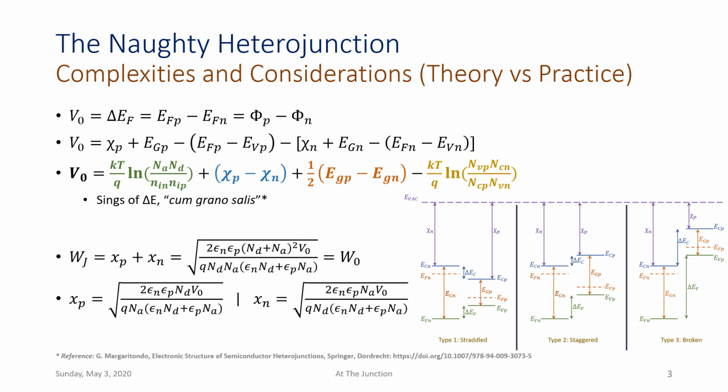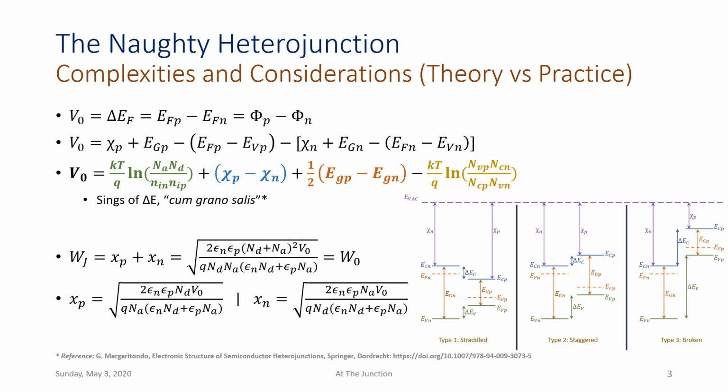And this is valid for all the three types of the heterojunctions shown in the figure on this slide. We plug in the values for the work function of the P side and the work function of the N side and get the second expression on this slide. And finally, we get the third expression on this slide.